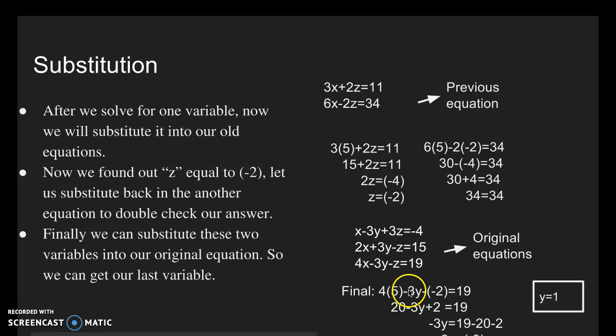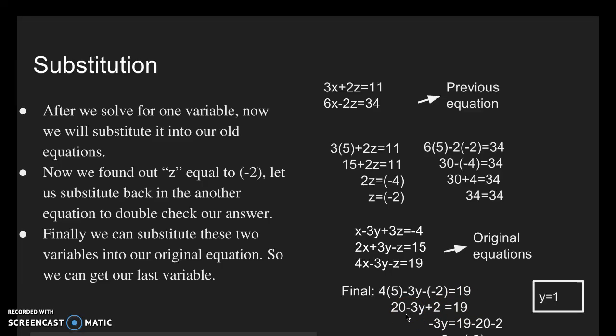So 4 times 5 minus 3y, we don't know y yet, minus z, which is negative 2 right here, equal 19. So 4 times 5 equal 20, minus 3y, now minus a negative 2 equal plus 2 again, so equal 19.